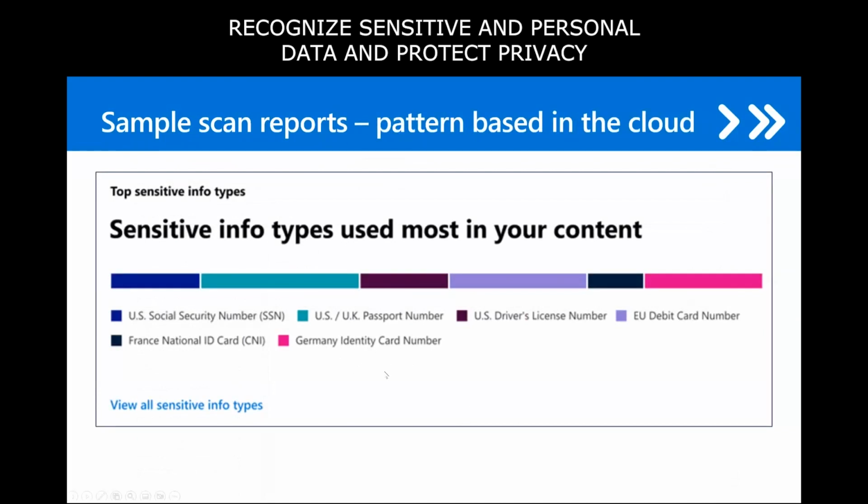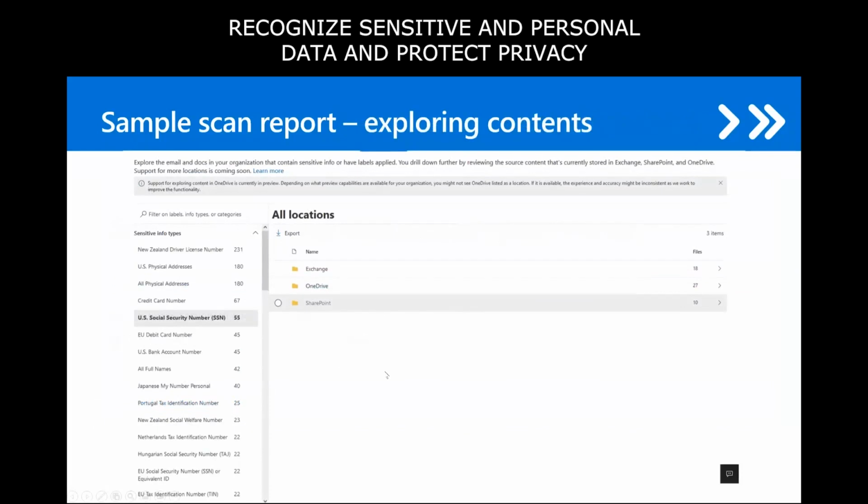To answer those questions, there are tools available that can explore your contents and show you, for example, that your SharePoint has 10 social security numbers, or maybe OneDrive has 27. Sometimes you'll be able to click and drill down to see exactly which documents, or who the owners of those documents are, so that you can take actions or apply controls.